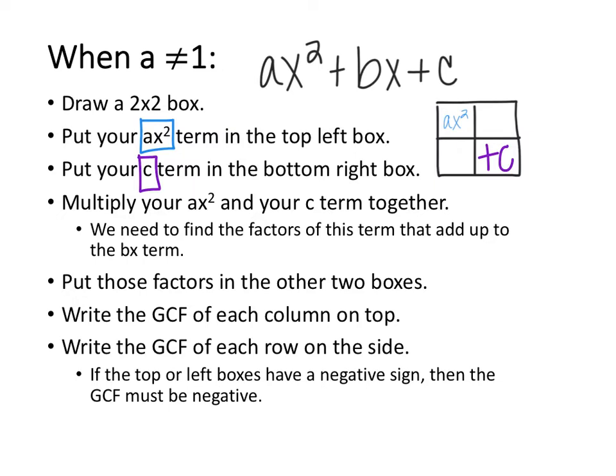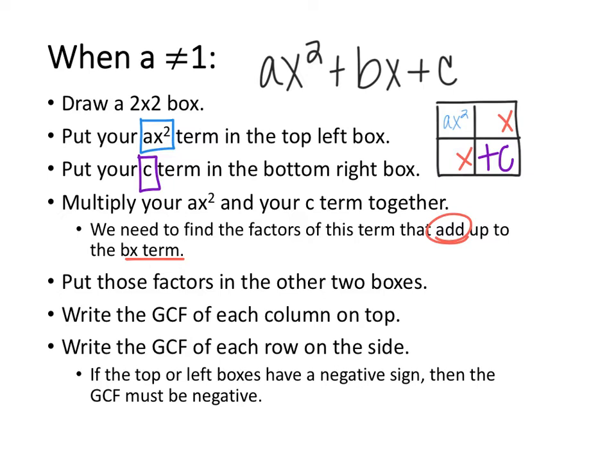Once we multiply those terms together, we're going to put x's in our remaining boxes, because we know that those two boxes have to have x's in them. Then we're going to find factors of our multiplied term that add to our bx term. Whatever those are, we're going to put in the other two boxes.